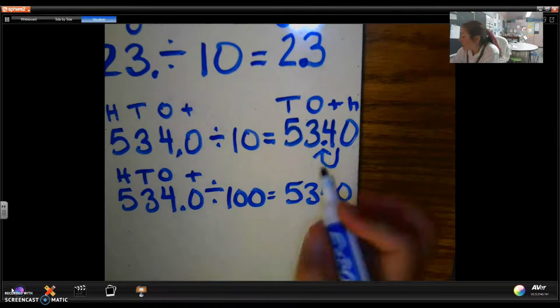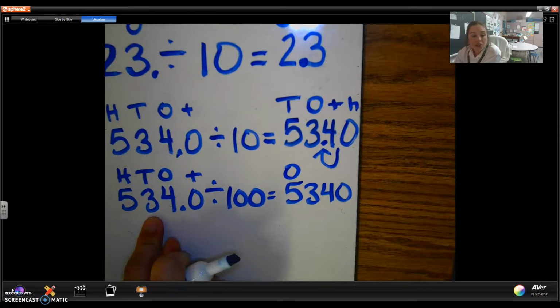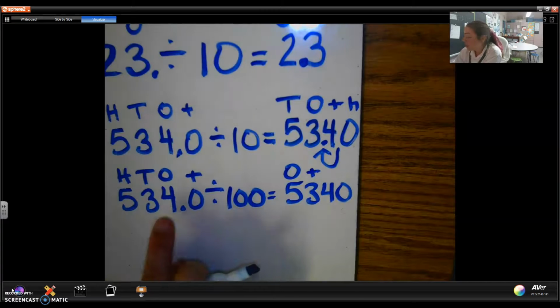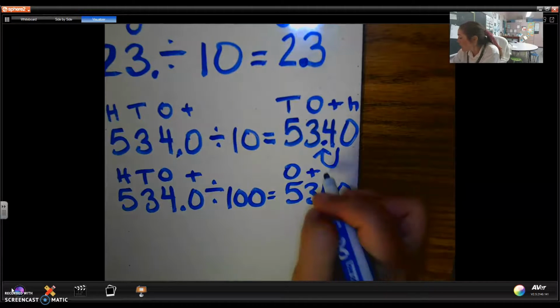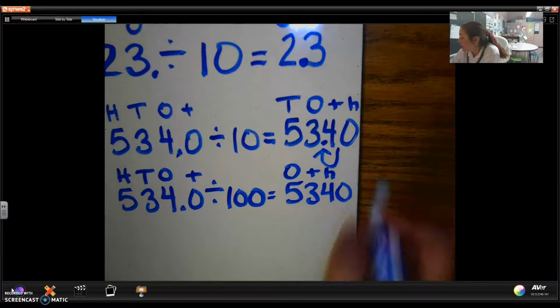It should end in the ones. My 3 started in the tens. It should end in the tenths. My 4 started in the ones. It should end in the hundredths. And my 0 started in the tenths, and it should end in the thousandths.